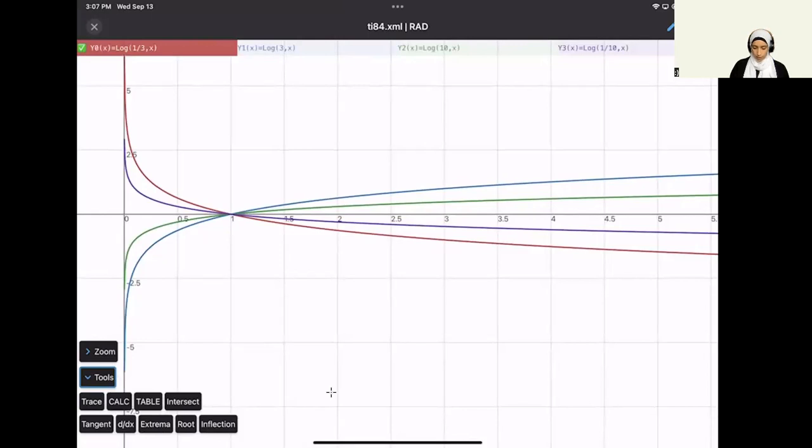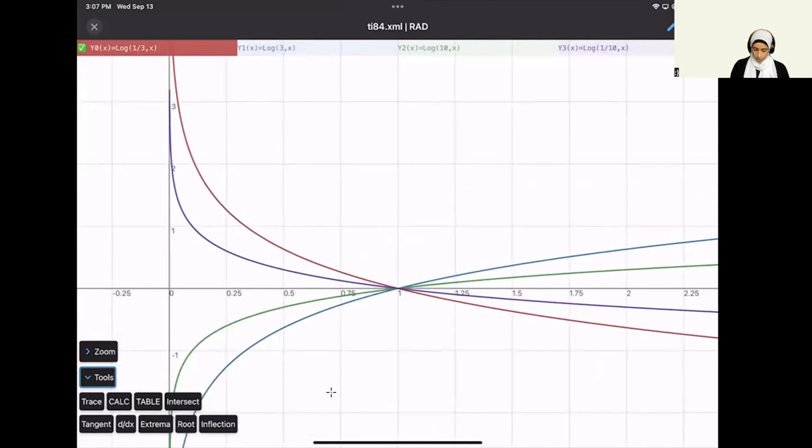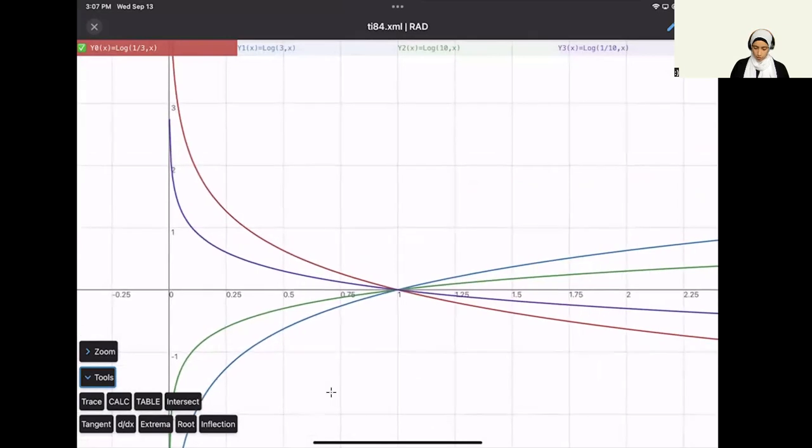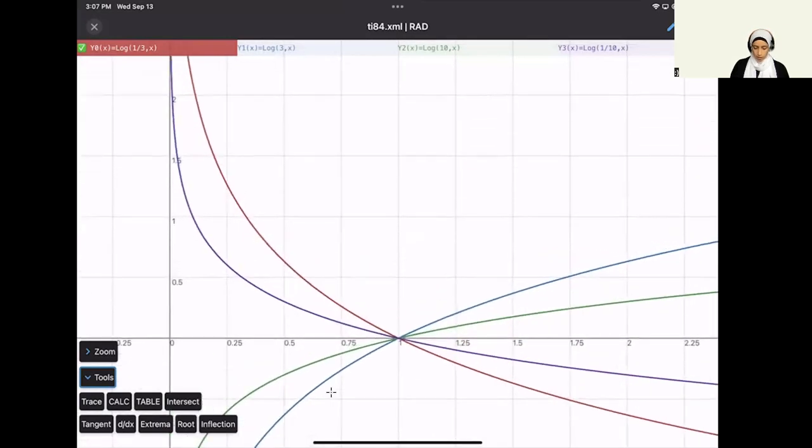And 1/3 is 0.33333, so somewhere in here is where it intersects at 1, right? You can see over here it intersects at 1 at 0.33333.